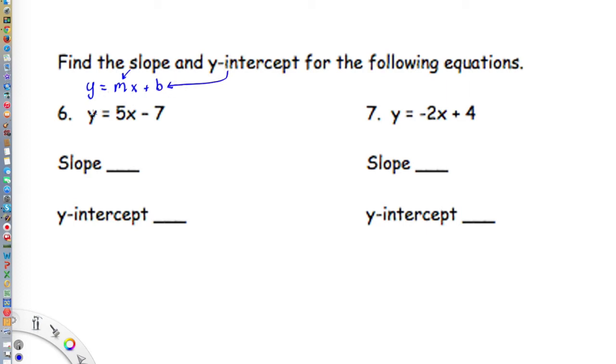When you line it up above your equation, I can then say, hey, 5 is right in my slope spot, and a negative 7 is in my y-intercept spot. So my slope is 5, and my y-intercept is negative 7. It's that easy. And you can do 7 and 8 on your own.